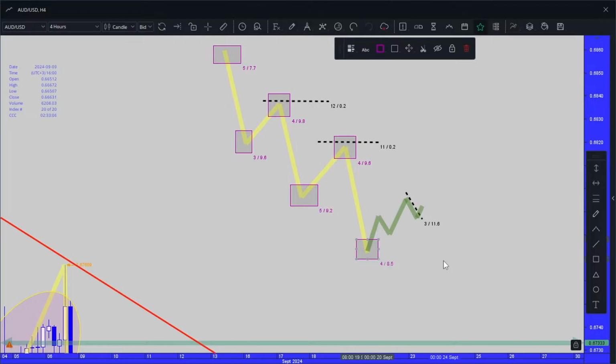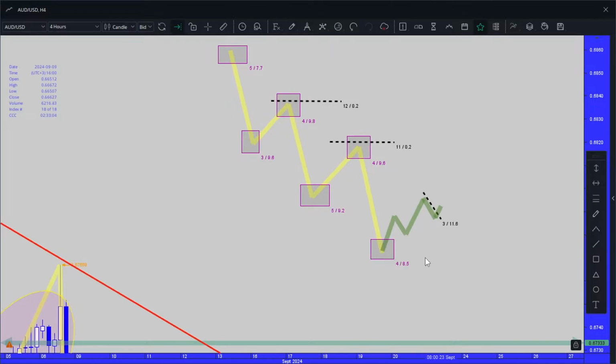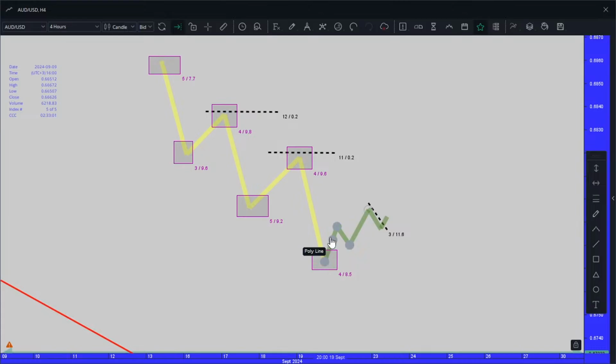Okay, everybody? You can call it an uptrend, it's not a problem, just be aware that it's a retracement. Okay? So, a few lessons in this: support in a downtrend.